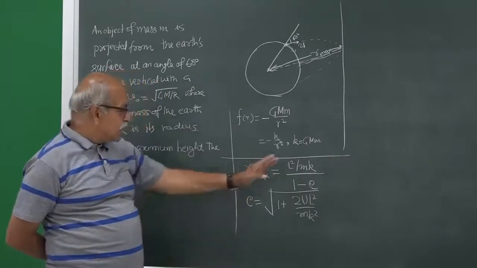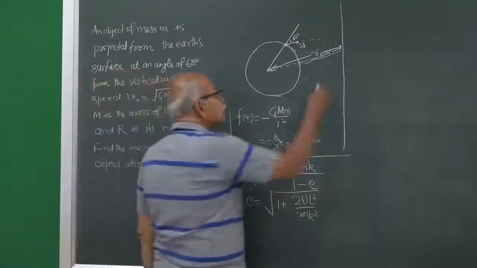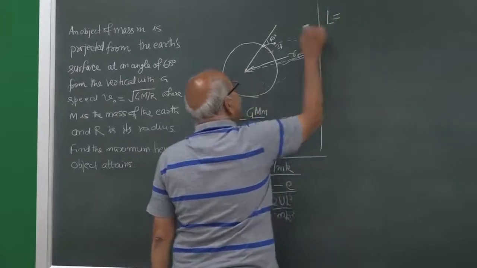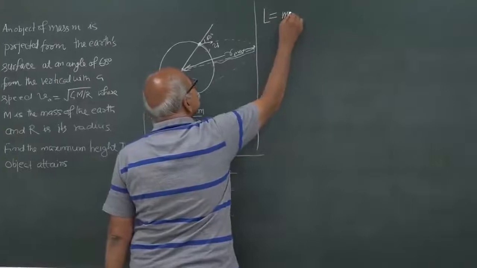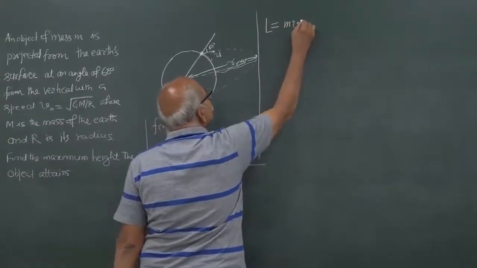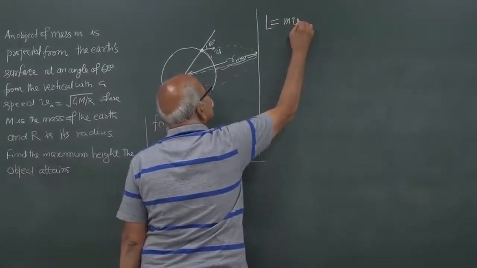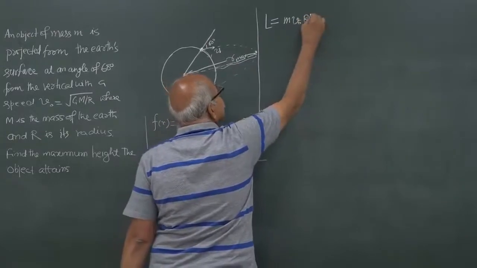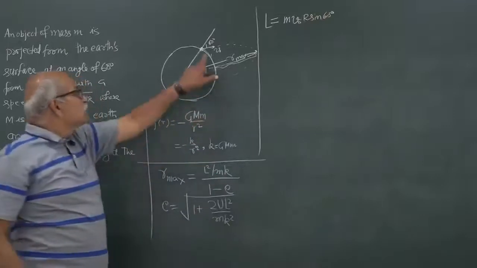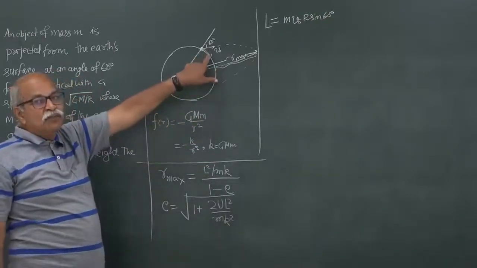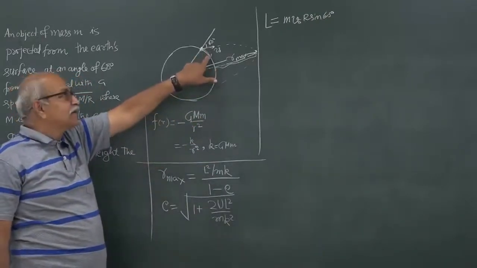So, let us calculate L and then u. So, what is L? At this point what is L? m into v into R into sine 60 degrees, right? Because only this tangential component will contribute in L, r cross p.